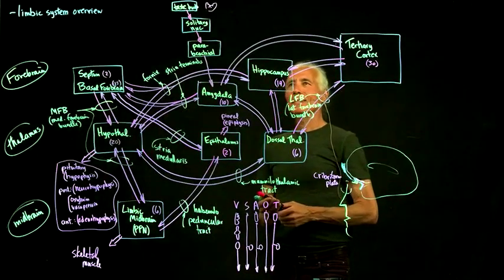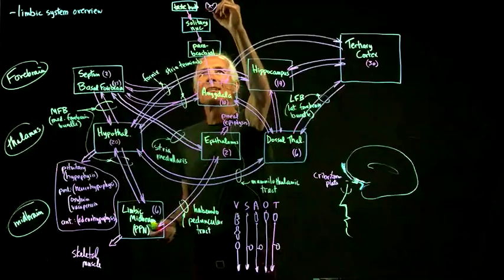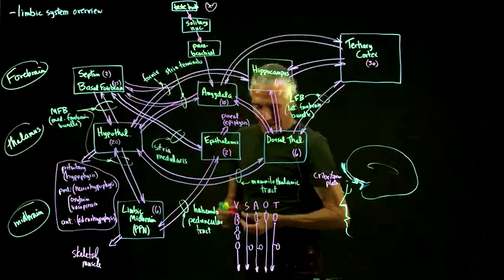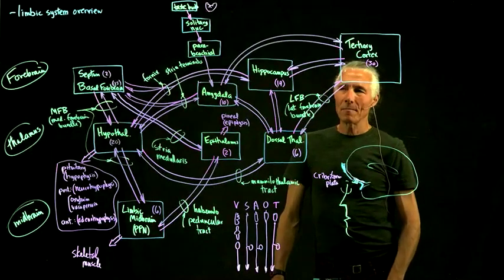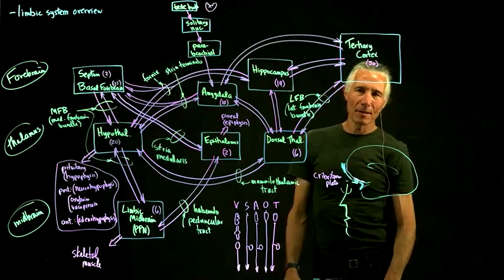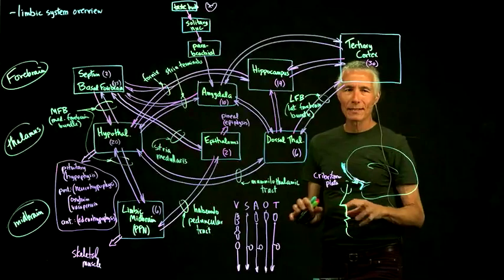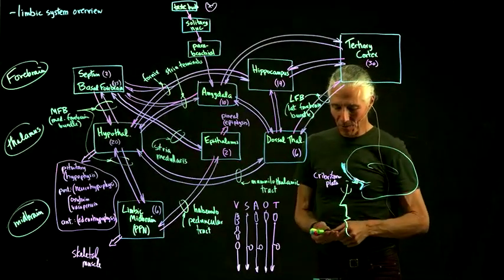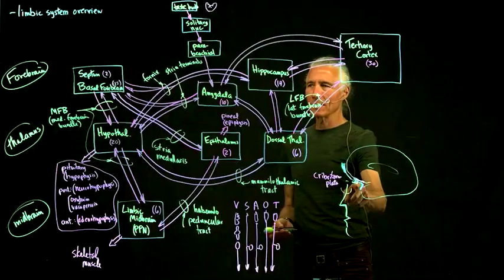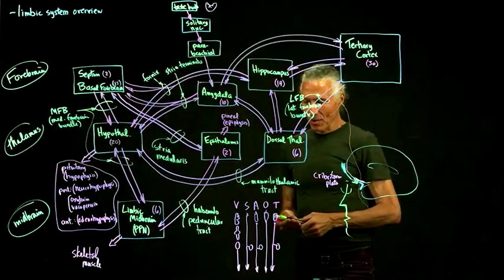Okay, so that's taste. And then the smell input comes from the olfactory epithelium, but it turns out there are two separate olfactory epithelia. The first one is the one that I drew down here, which is the main olfactory bulb.